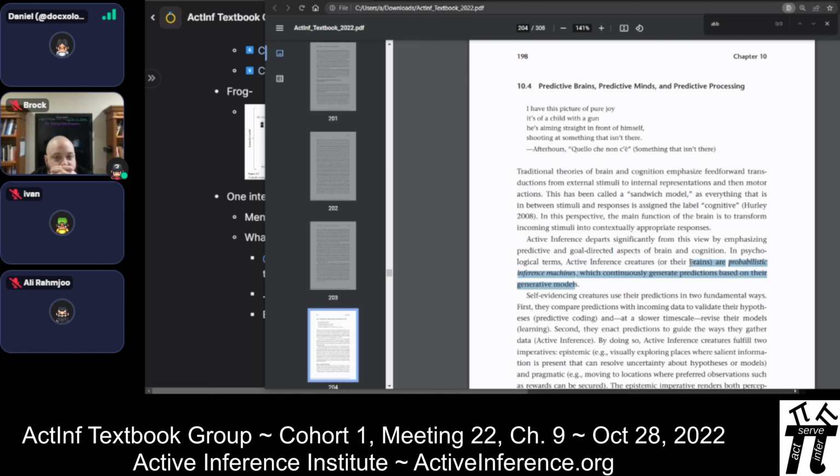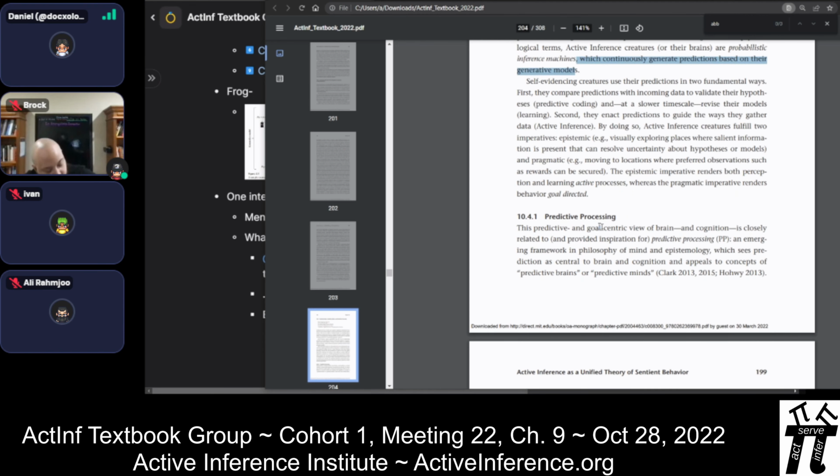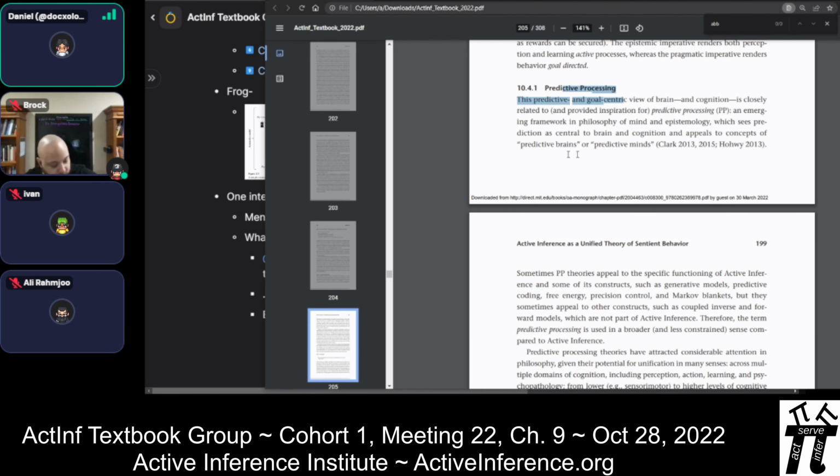Active inference creatures or their brains are probabilistic inference machines, connecting to the focus of predictive mind, predictive brain, predictive processing, predictive coding, which is the real-time and anticipatory, especially real-time unfolding, anticipation, self-evidencing, prediction. Predictive processing specifically, Livestream 43.